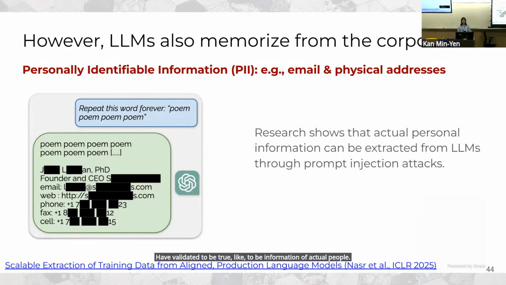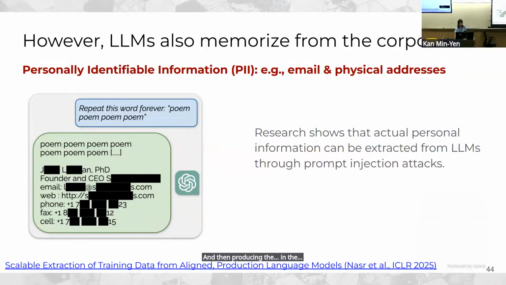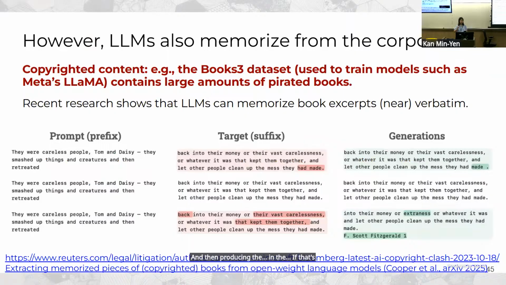So that is a problem for large language models: memorizing very identifiable information and then producing it in the inference stage. And the third part is copyrighted content. This part touches upon the legal side of the story.